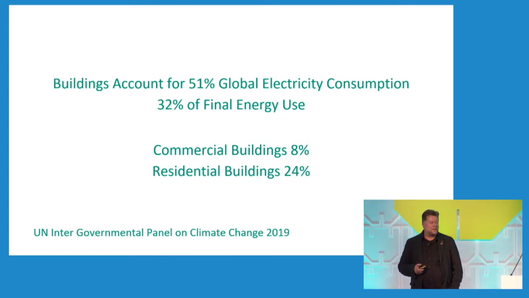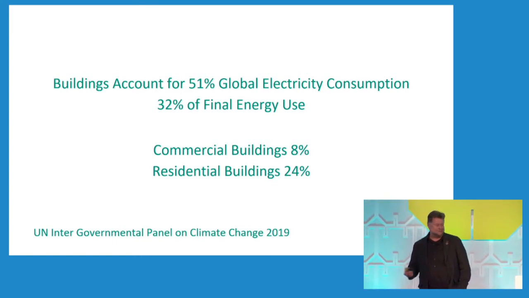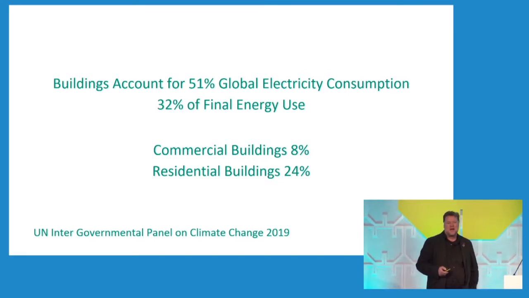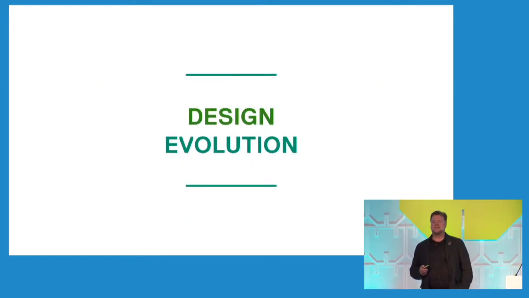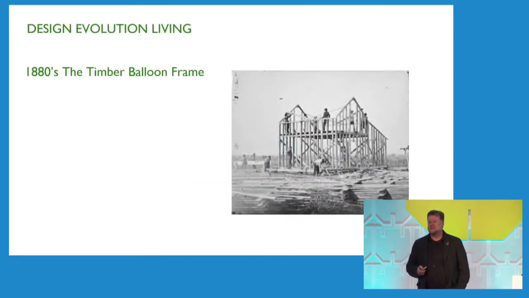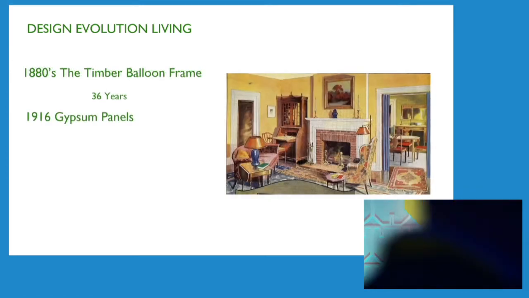So let's just think about design evolution first of all. I'm going to talk about housing. In many ways, house production started to rapidly increase at the end of the 1800s. And in the Midwest, the balloon frame was invented, which allowed for almost a start of prefabrication or faster construction of house building. 36 years later, gypsum panels allowed for the interior lining to be prefabricated and nailed on rather than plaster and lath. 34 years later, the nail gun was brought in.